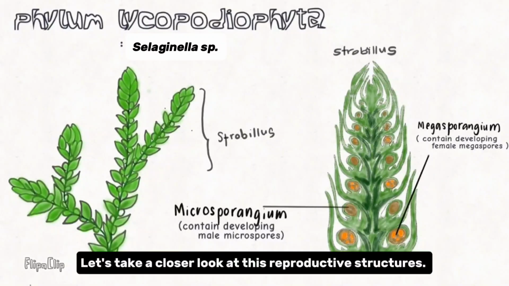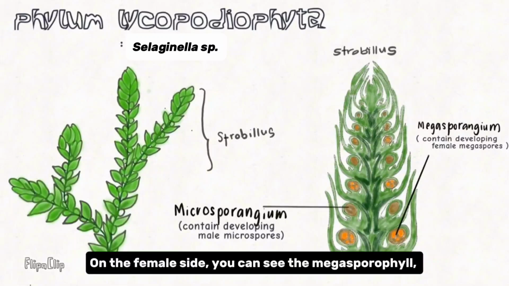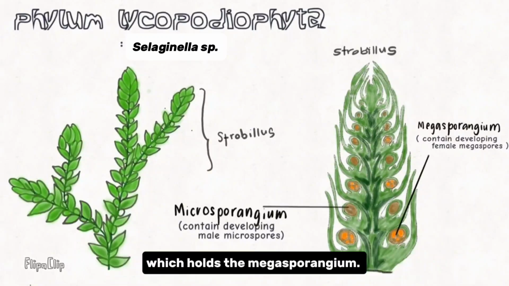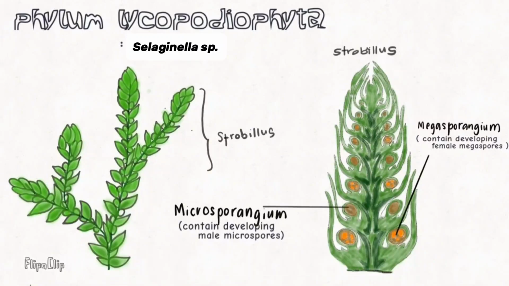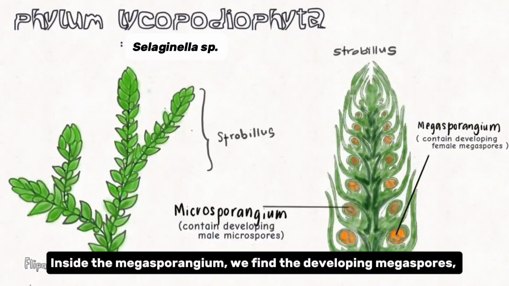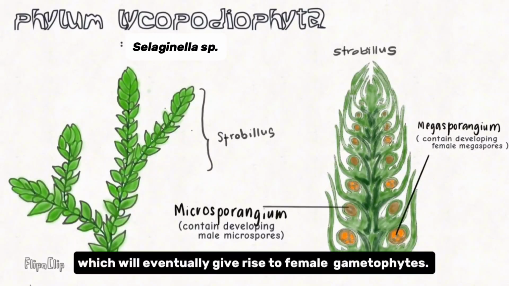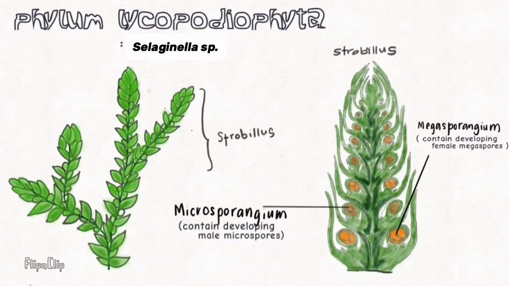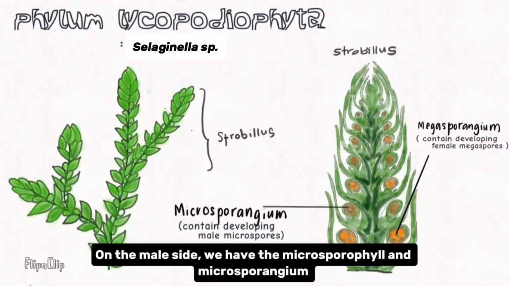Let's take a closer look at these reproductive structures. On the female side, you can see the megasporophylls, which hold the megasporangium. Inside the megasporangium, we find the developing megaspores, which will eventually give rise to female gametophytes. On the male side, we have the microsporophyll and microsporangium.